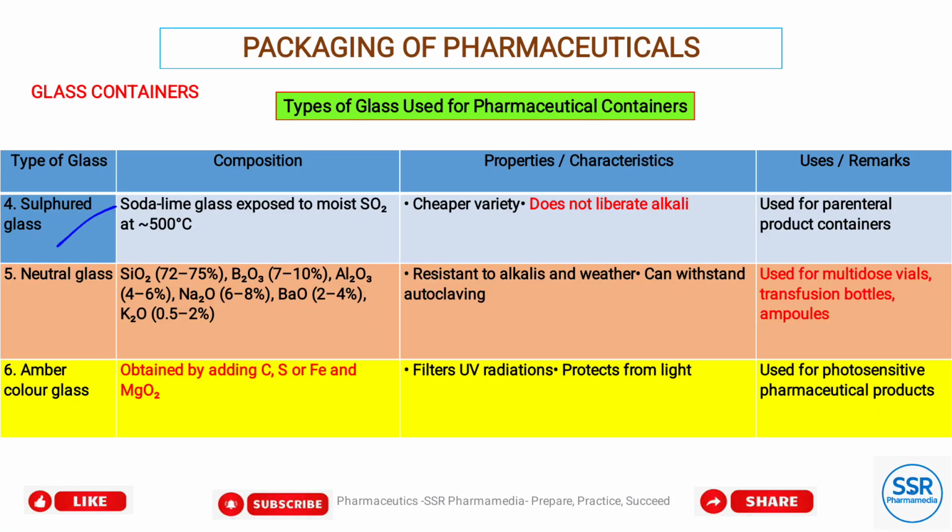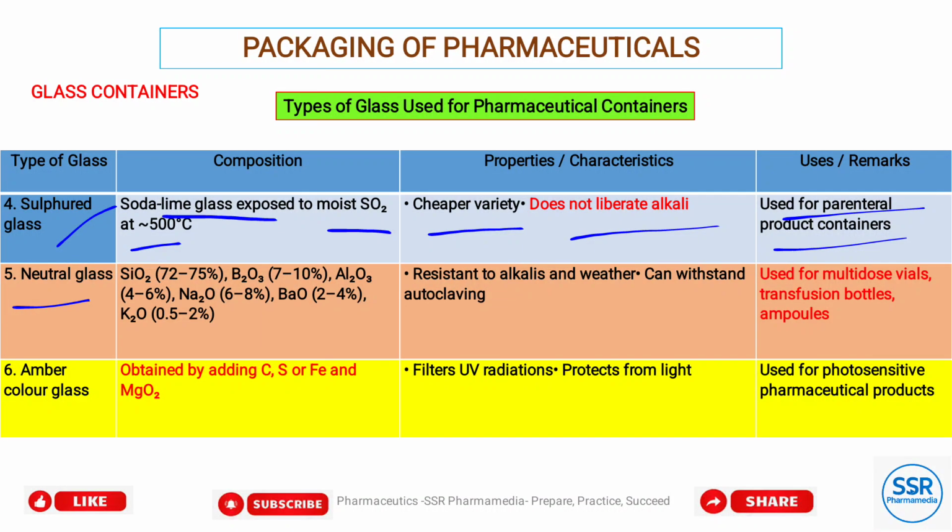The fourth type is sulfured glass. Soda lime glass is exposed to moist sulfur dioxide at 500 degrees Celsius. It's a very cheap variety and does not liberate alkali. It's used for parenteral product containers.